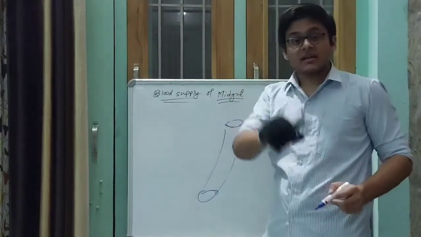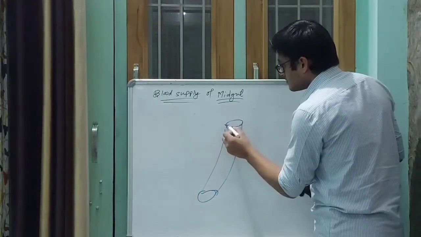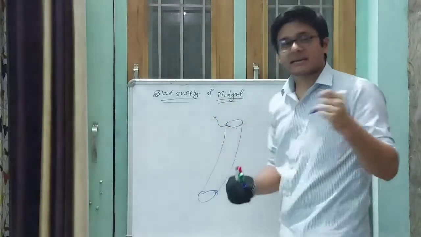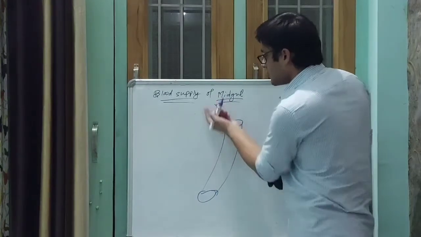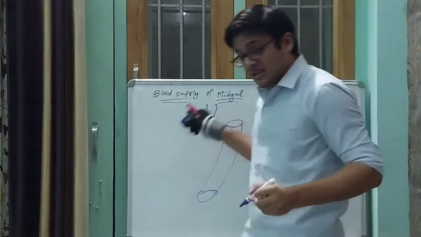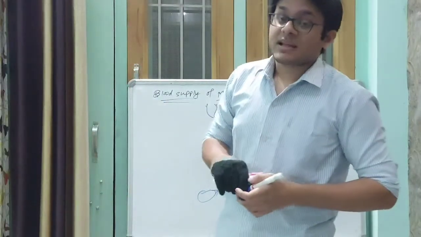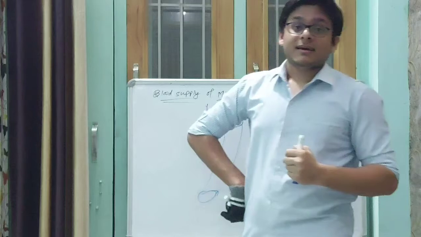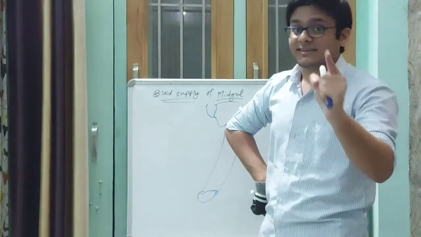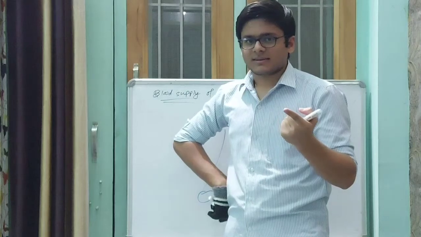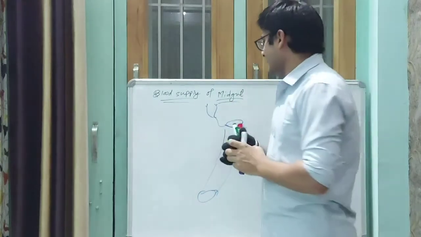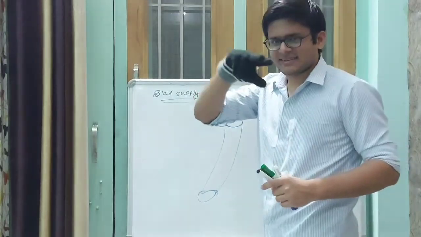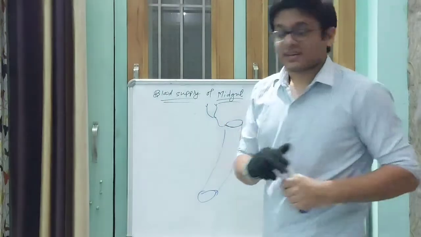If this is our superior mesenteric artery, then this is our inferior pancreatico-duodenal artery, one going posteriorly, one going anteriorly, and these anastomose with the anterior and posterior branches of superior pancreatico-duodenal artery at the place known as the uncus, I think, the uncus of pancreas. It was definitely uncus, check once, I also remember uncus. Okay, so they anastomose there.